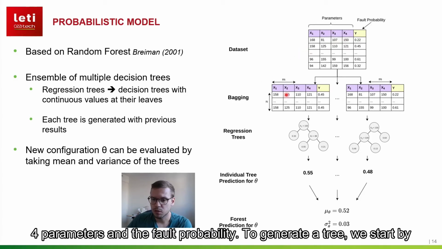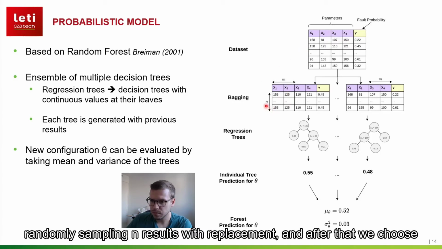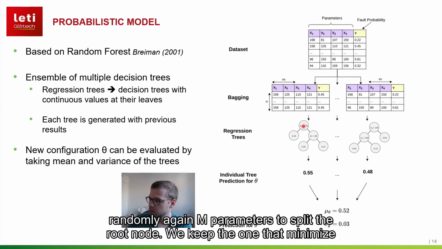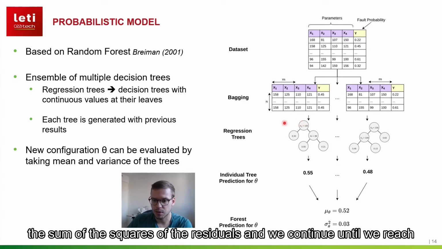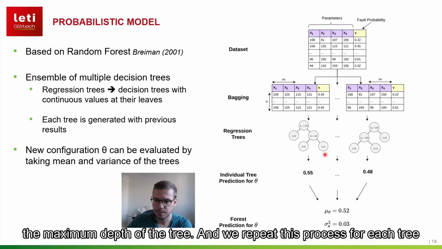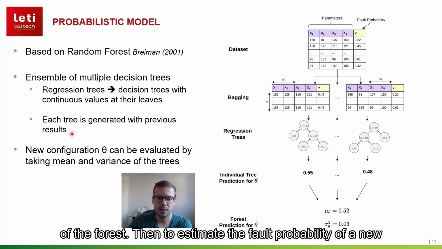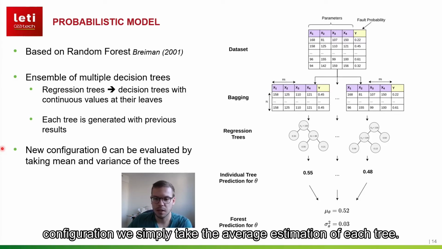To generate a tree, we start by randomly sampling n results with replacement, and after that we again randomly choose m parameters to split the root node. We keep the ones that minimize the sum of the squares of the residuals, and we continue until we reach the maximum depth of the tree, and we repeat this process for each tree of the forest. Then, to estimate the fault probability of a new configuration, we simply take the average estimation of each tree.